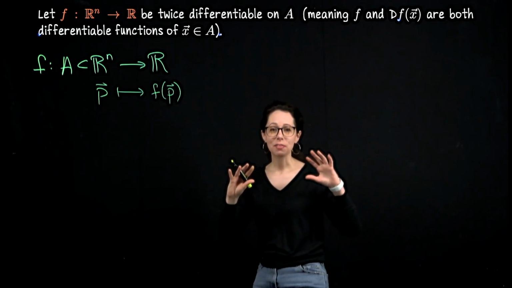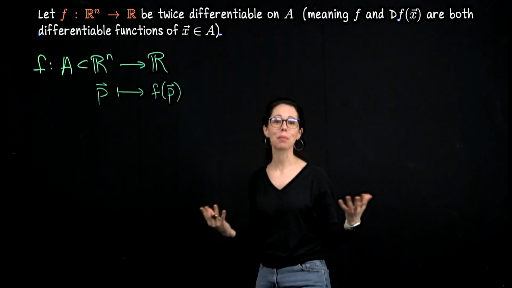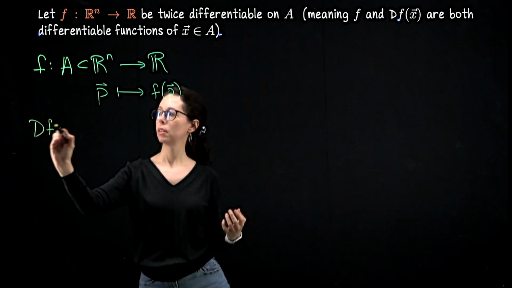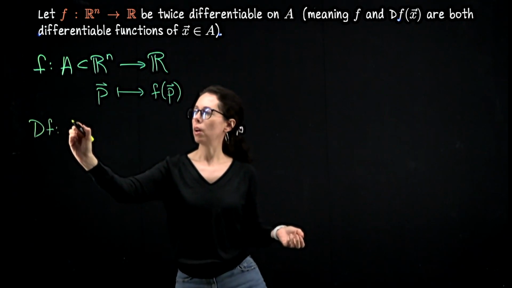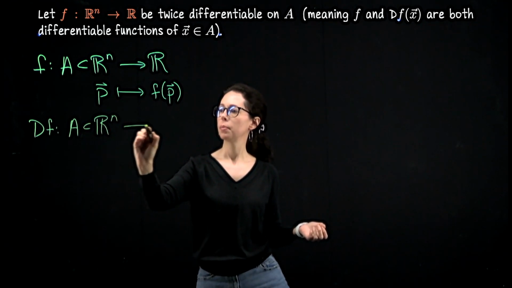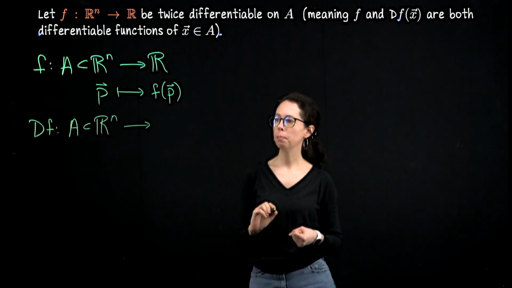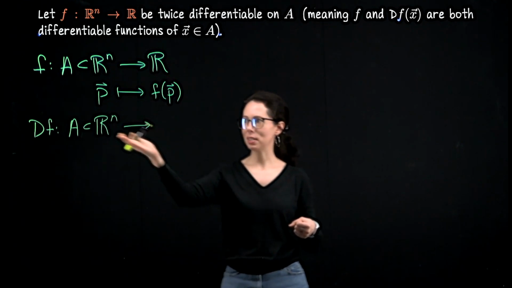What about this idea of df? Again, I'm breaking off the first part of this name of the linear transformation. So df, well, we evaluate df at P, so it's also going to have the same domain as f. We'll think of it as a map on the open set A, which is a subset of Rn. Before I write down what's going on over here, let me proceed to the second line.